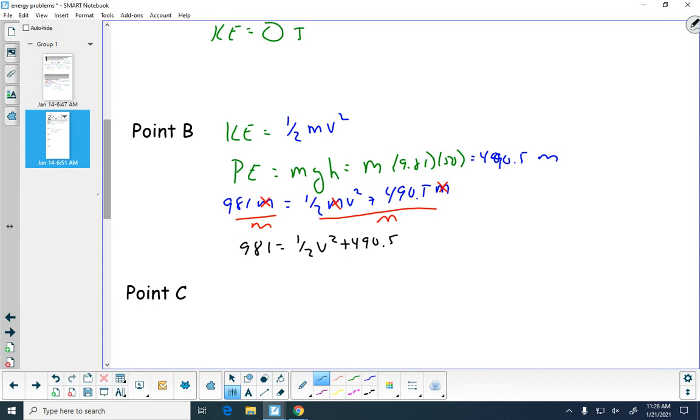Which will allow us now to find the velocity. We can subtract the 490.5 from the other side, multiply by 2, and then take the square root. And we get 31.32 meters per second.